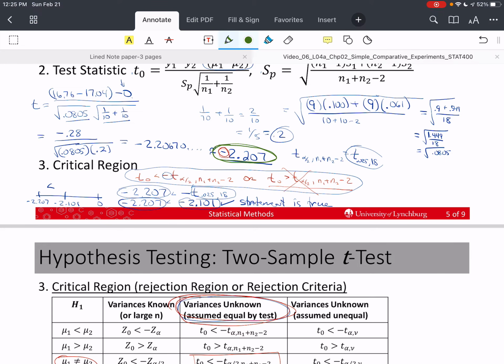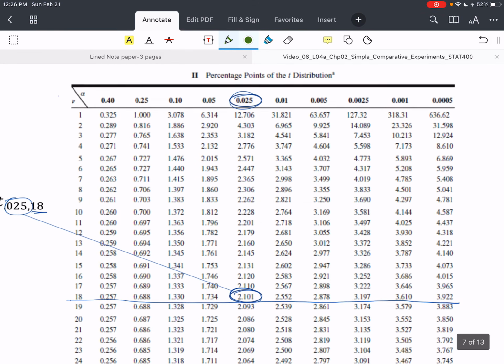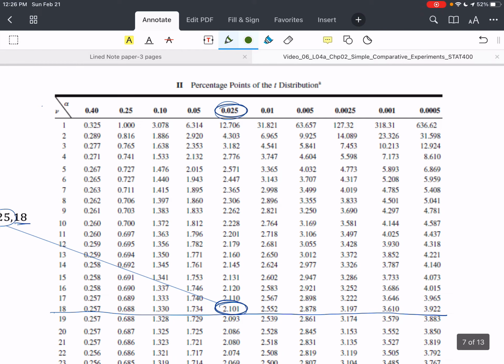And remember that the t-distribution is symmetric, so I can actually get the p-value, the probability from the upper tail, the positive, and then work with that to get the p-value that corresponds to our test statistic. Now, so here is the table for t, and we said that our test statistic was negative 2.207.